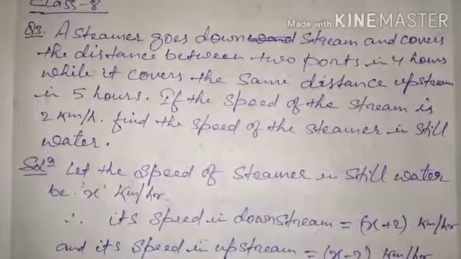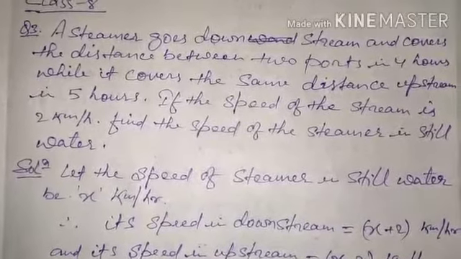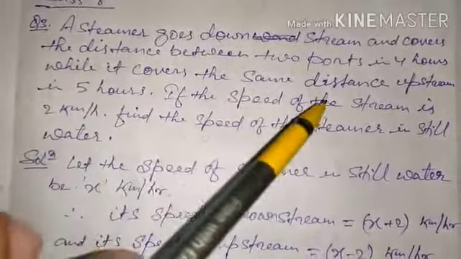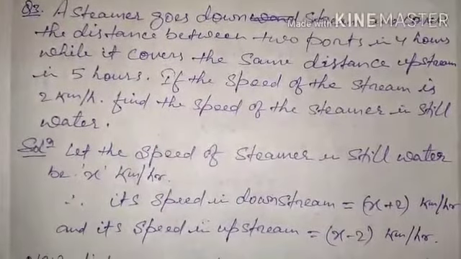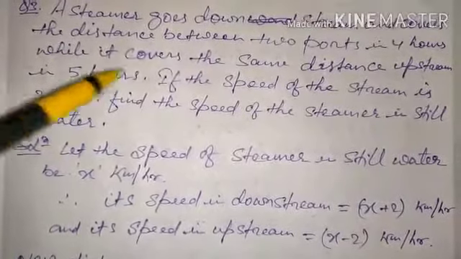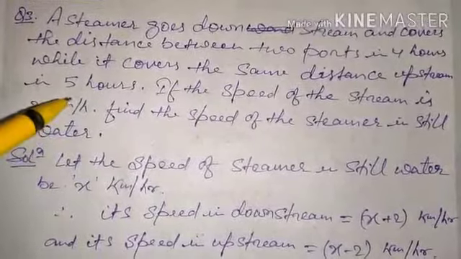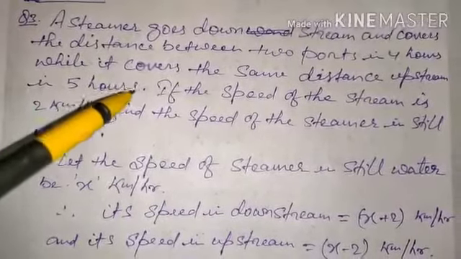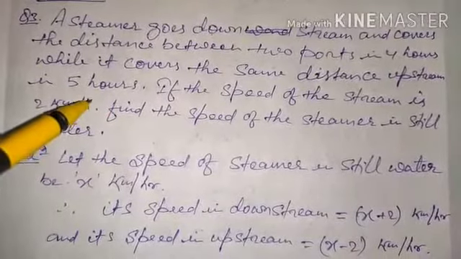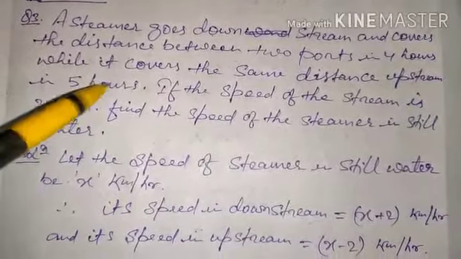Two ports, it means here it is talking about the distance between two ports. It is given in the question, distance between two ports in 4 hours, while it covers the same distance upstream in 5 hours. Obviously it will go downstream, it means it is flowing along the river flow, so its speed is going to be enhanced, and when it is moving opposite to the river flow, its speed is going to be smaller, so that's why the time elapsed is more.